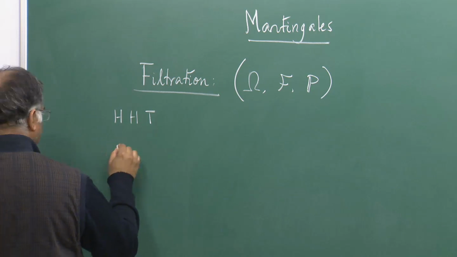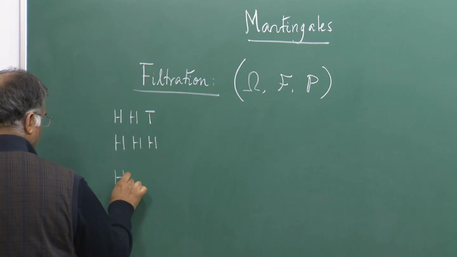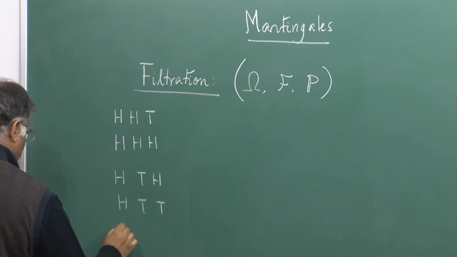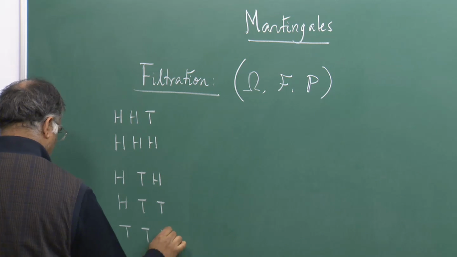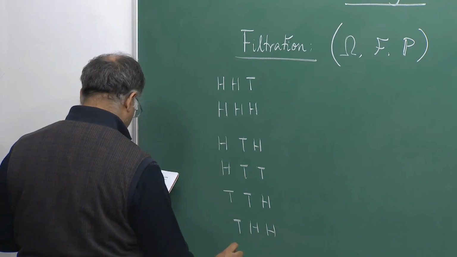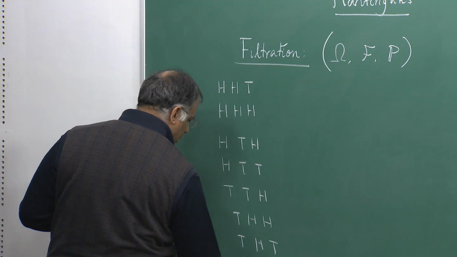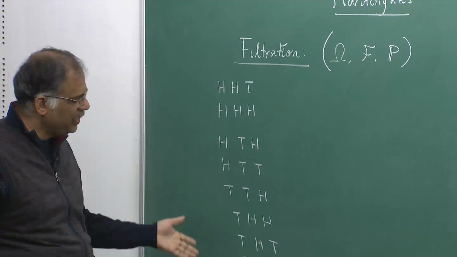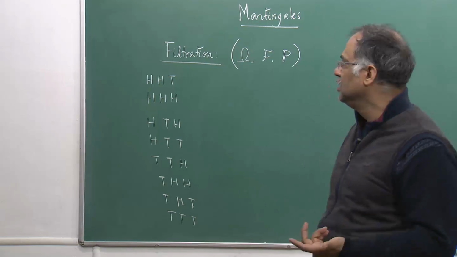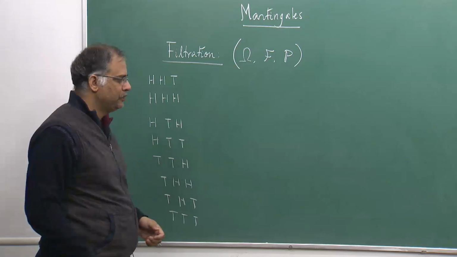We can have all heads, head, head, tail, head, tail, tail, tail, tail, head, tail, head, head, tail, head, tail, tail, tail, tail. These are the 8 possibilities if you throw 3 coins, or 1 coin thrice in succession. So, you are doing a repeated experiment.